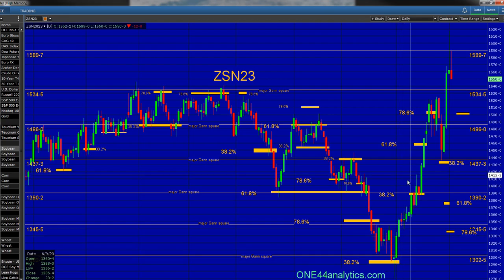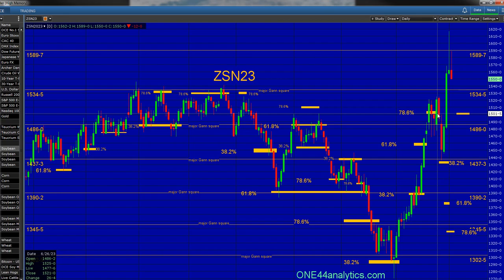Now you can see here slight hesitation, not really, even at 38% the other way, 61.8 nothing, 78.6 trade above it, back below it. Could we move down from here? Yeah, absolutely. Trade above it, back below it.